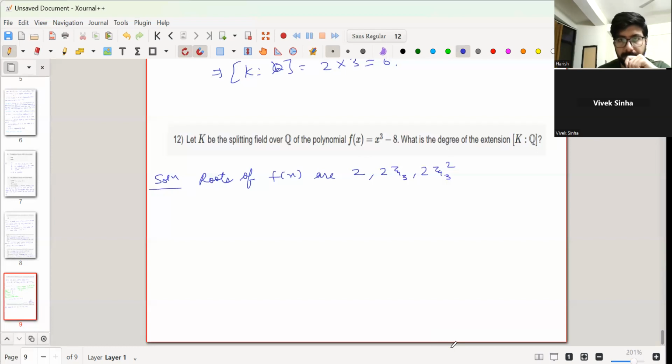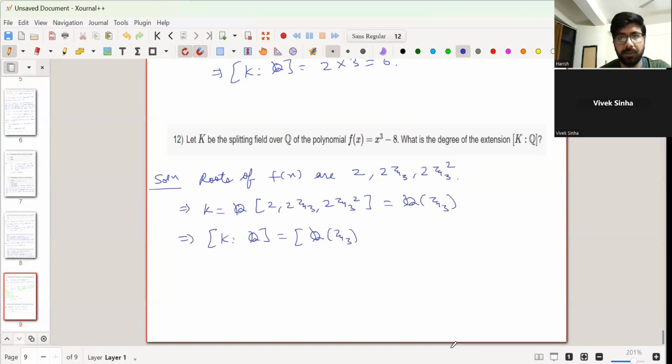So this implies K is what? K is Q adjoined with 2 zeta 3 and 2 zeta 3 square, and that is just Q adjoined zeta 3, and we know the degree of Q(zeta 3) over Q we have seen a number of times, that is 2.